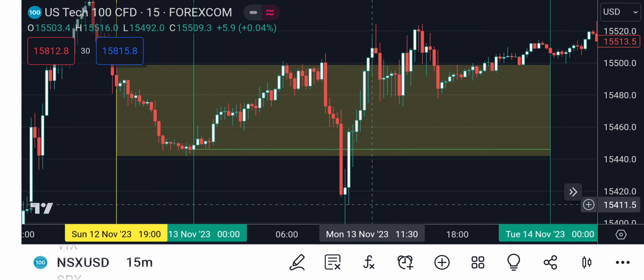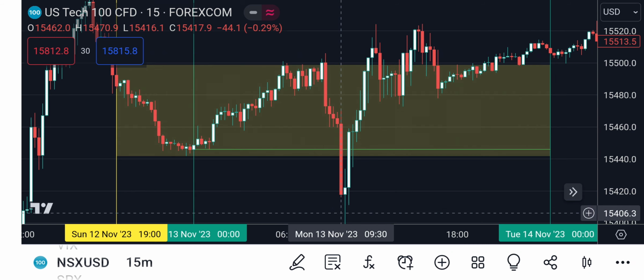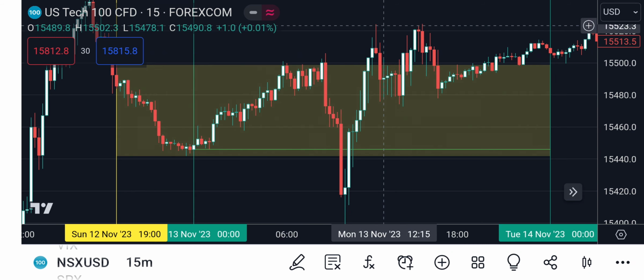So the moment it breaks above, for me, it's a signal to say we're looking to go higher, but it will not go up immediately. It's first gonna go down in the opposite direction before it goes in the direction that I'm talking about. Okay, so now look for a buy here.